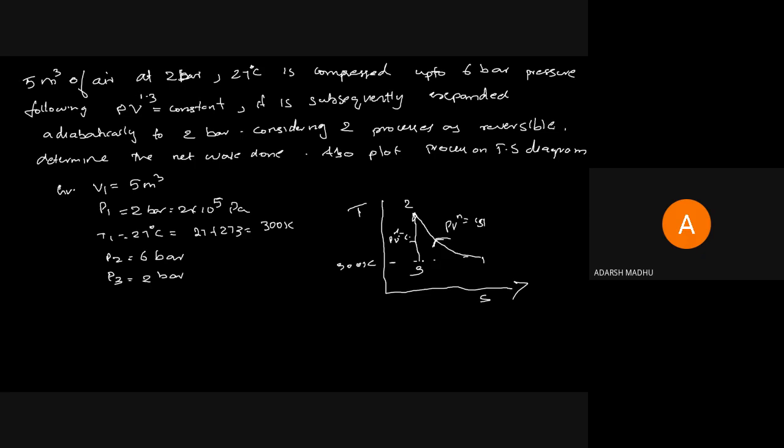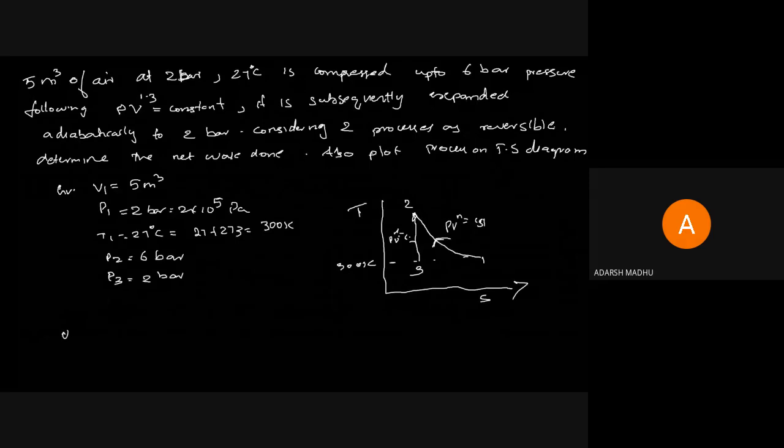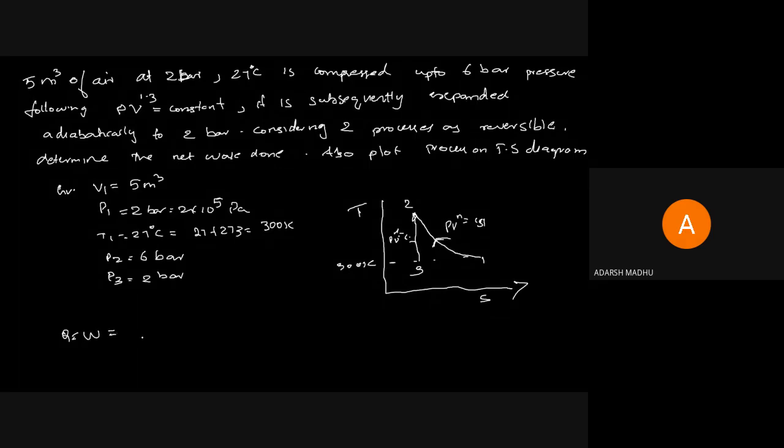So total Q equals total W, and we had to find the value of W. For polytropic and adiabatic processes, the equation was W equals mR times T1 minus T2 divided by n minus 1 for polytropic, and gamma minus 1 for adiabatic.